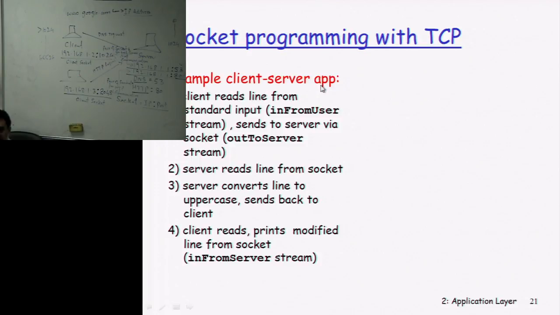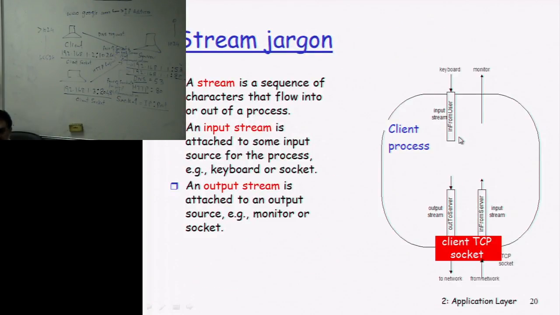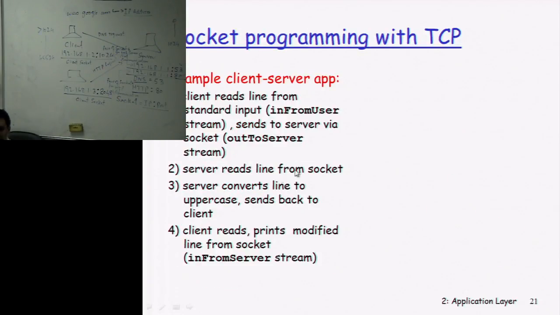So, an example client server application with TCP socket programming. The client reads a line from the standard input, like you have seen already. This is the same code. It reads a line from the socket; the server converts the line to uppercase and sends it back to the client.